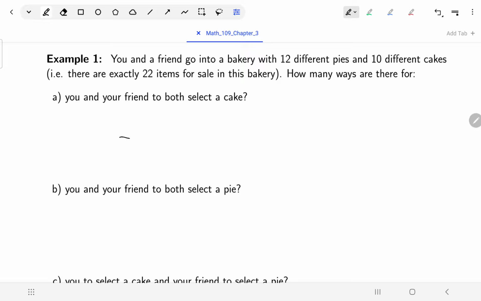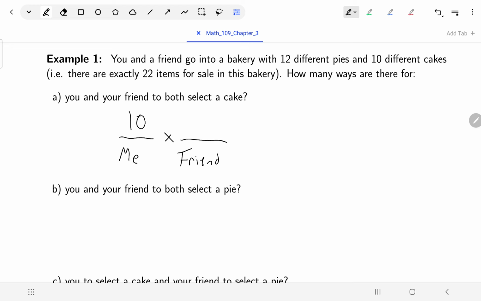And the multiplication principle says it doesn't really matter what order we do things in. So it doesn't really matter if I go first and my friend goes next, or my friend goes first and I go next. So I'll go first. For me, when I first start off, I'm supposed to be ordering a cake. So when I go to the counter, I will have 10 choices available.